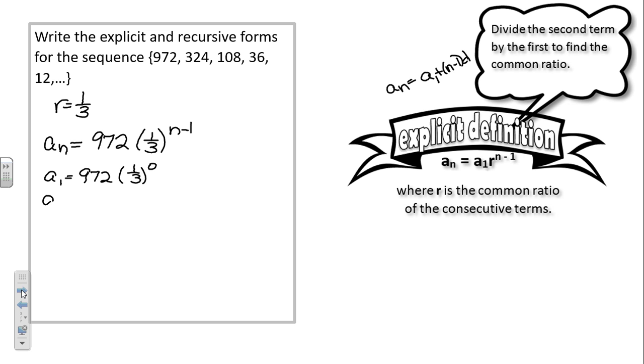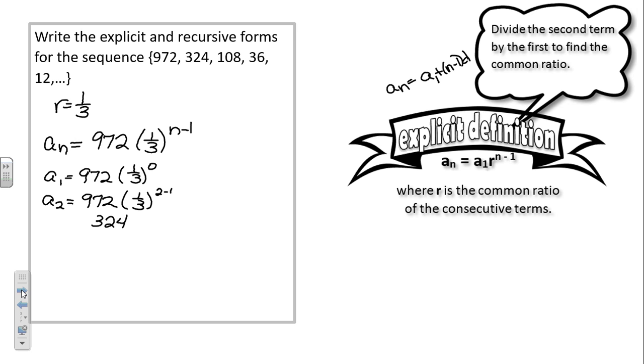My second term is 972 times 1/3 to the 2 minus 1. 2 minus 1 is 1. 1/3 to the first is 1/3, and 1/3 times 972 gets us 324. Make sense?